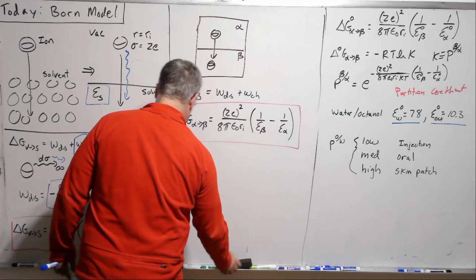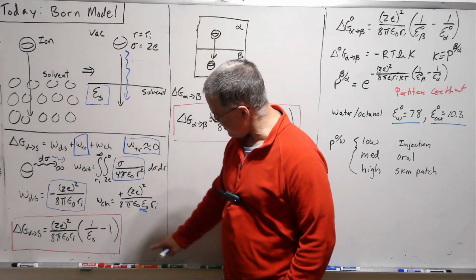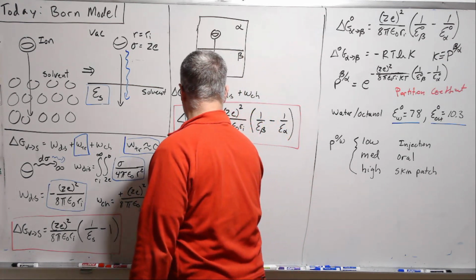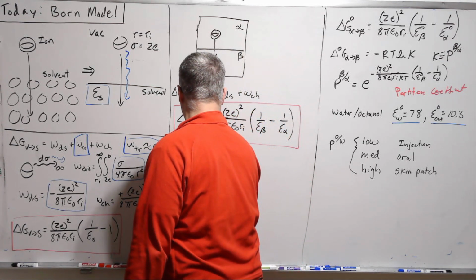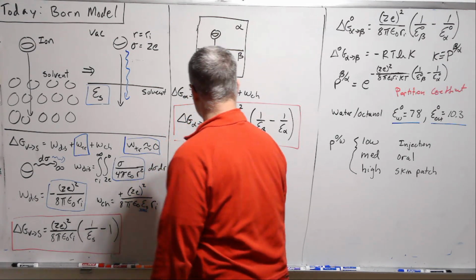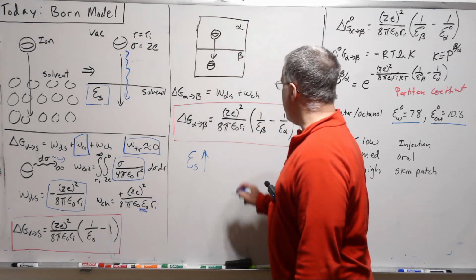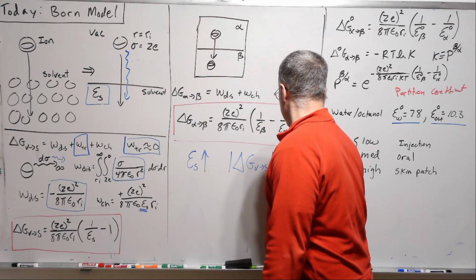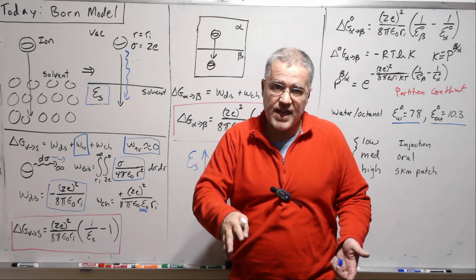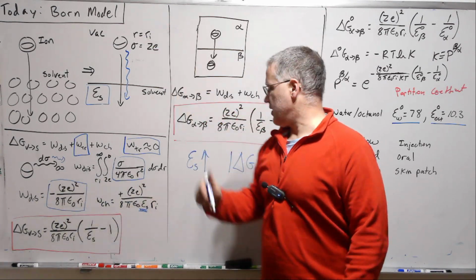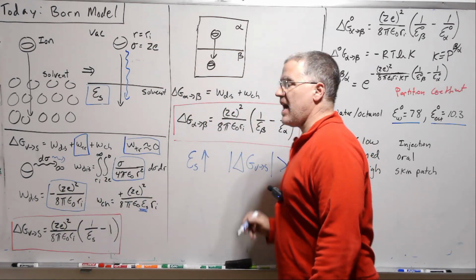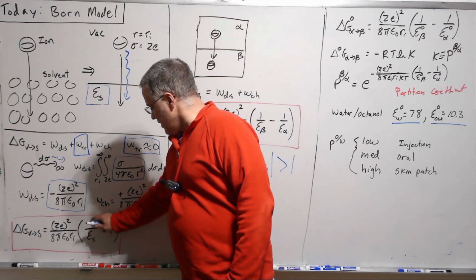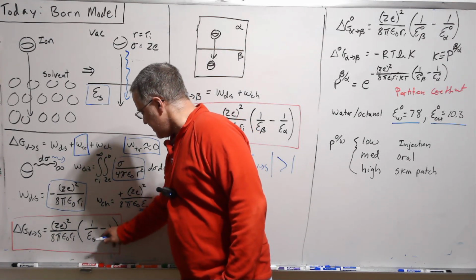Let's look at the effects of the parameters. As the dielectric constant goes up, the magnitude of delta G, which is always negative, is going to get bigger. So the absolute value of delta G goes up because this is a difference.